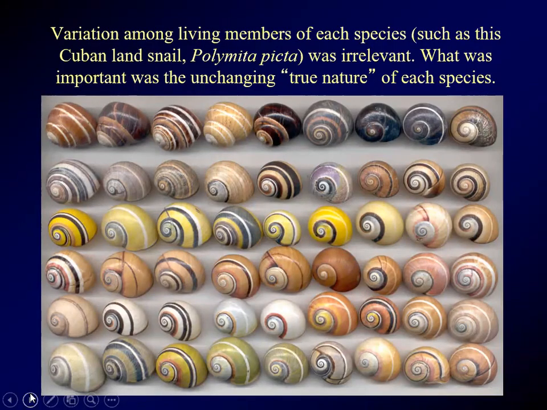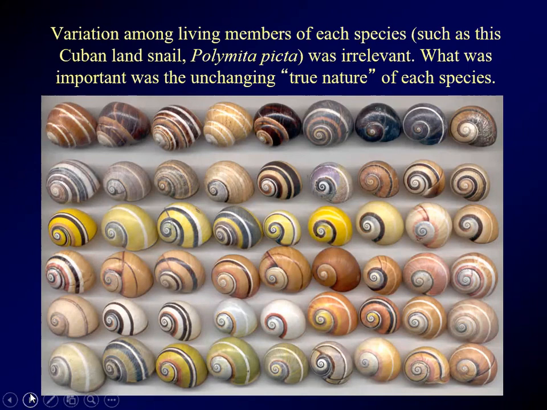And there are species that vary a lot. As I said before, this is a Cuban land snail called Polymita picta. You can see that the shape and the color and the banding pattern of all of these is very variable.